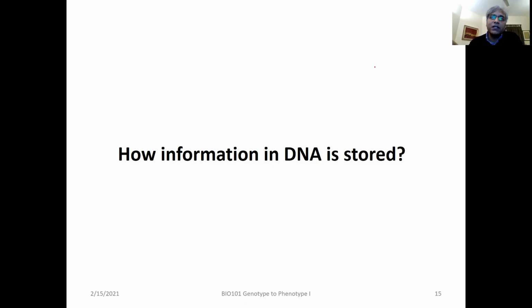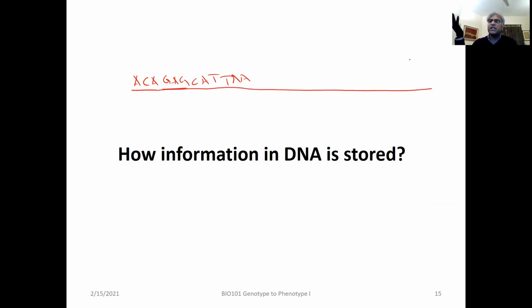Now, how is this information stored? Because in the beginning I said it looks random, A, C, A, G, A, G, C, A, T, T, A. For a layman, it looks like a random sequence. You pick up a mouse gene sequence, or human, or bacteria, you won't be able to differentiate because they will all look the same. But we know in the 21st century that there is very, very specific information in bacterial DNA, in human DNA, in mouse DNA.